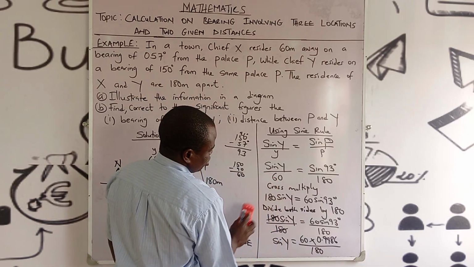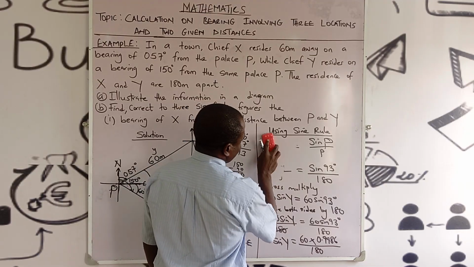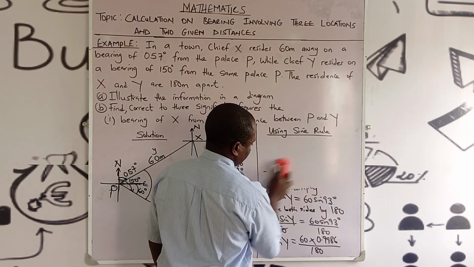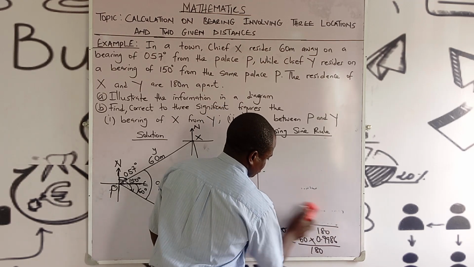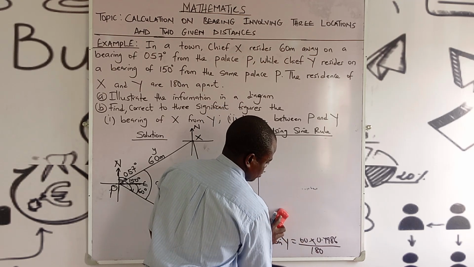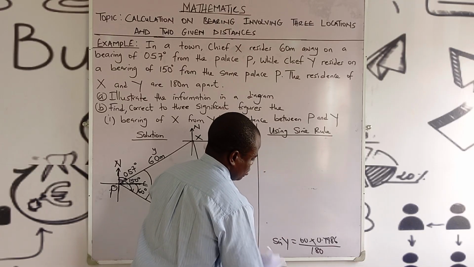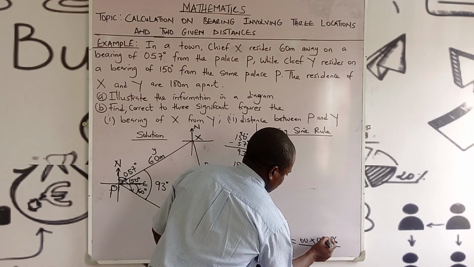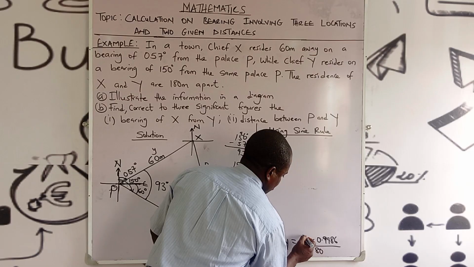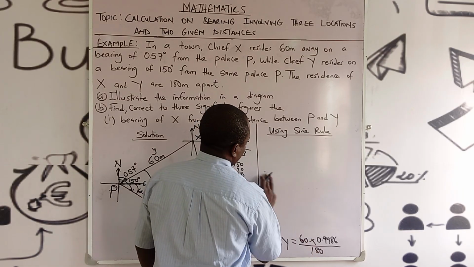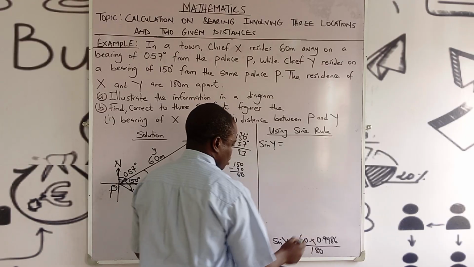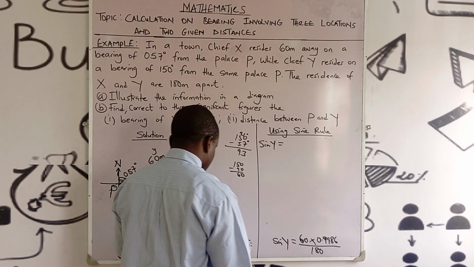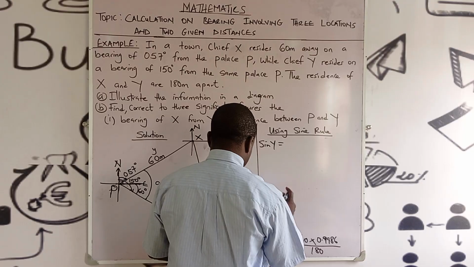When you carry out your multiplication, 9 is 60. Now sine y equals 60 times 0.9986.